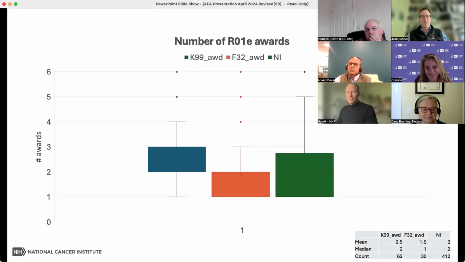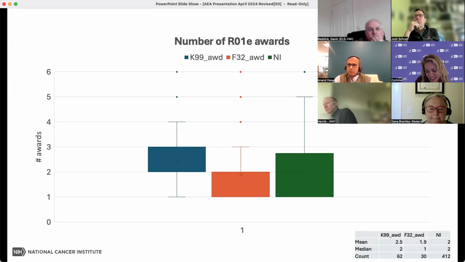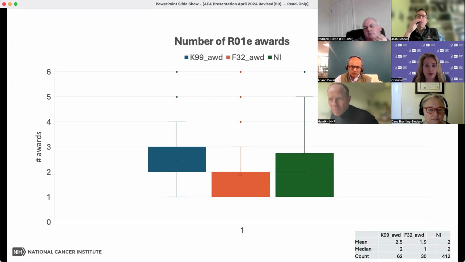Okay, there we go. Our K99 awardees secured on average 2.5 R01 equivalent awards, including the initial R01 equivalent award, while K99 discussed, all other F32s had on average 2, and all others, F32 awards were about 1.9, and all other new investigators were right around 2.